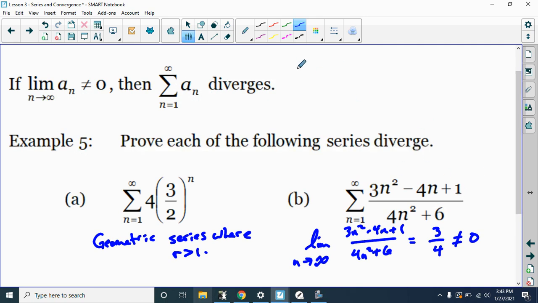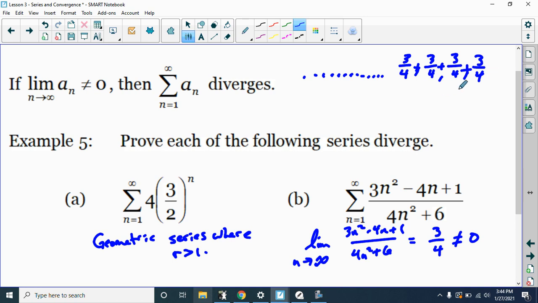The reason for that is if I were to list out all the values in this sequence, they eventually are getting closer and closer to 3/4. So they're not exactly 3/4, but they're really close to 3/4. In a series, we're adding them up. So if I'm adding something over and over, I'd be adding about 3/4 every time.